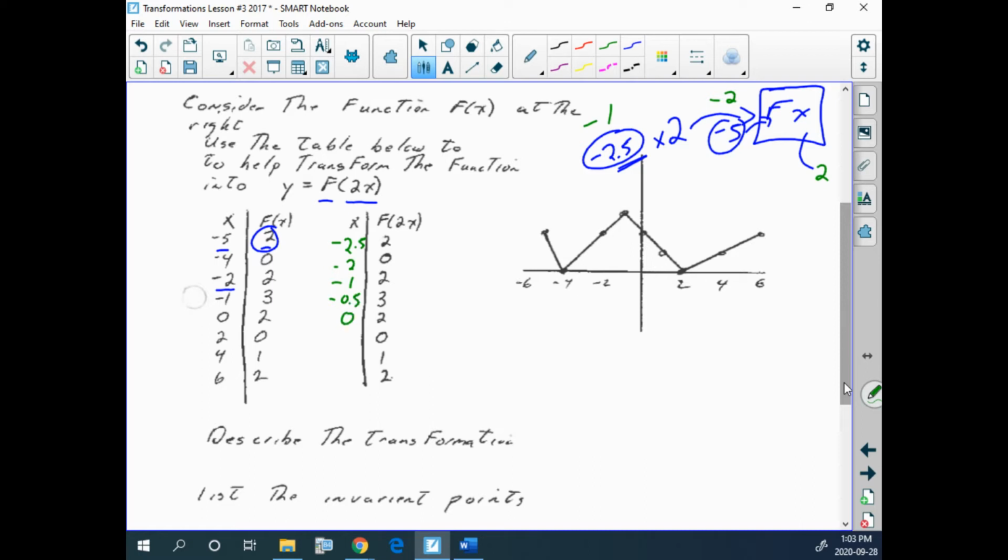That one doesn't change, and we have 1, 2, and 3. So when we plot this, we're going to end up with a graph that looks something like this.